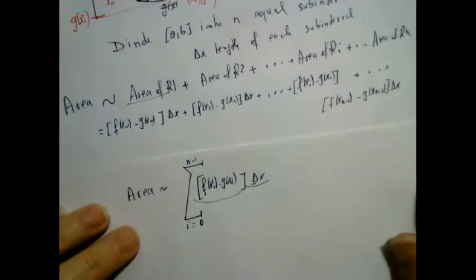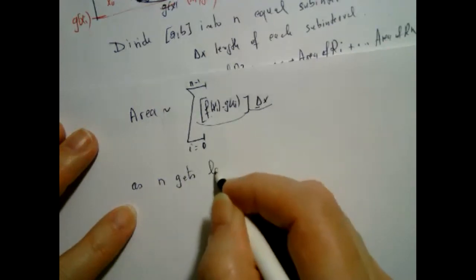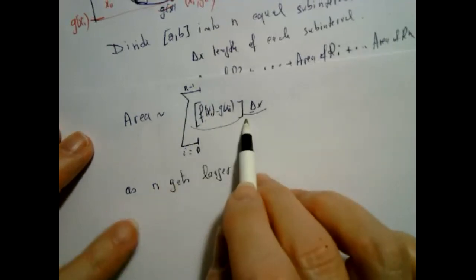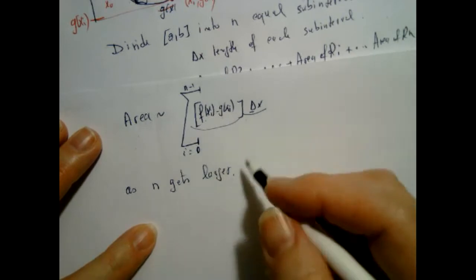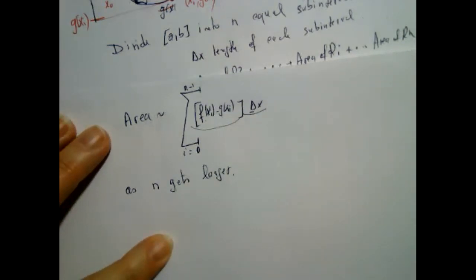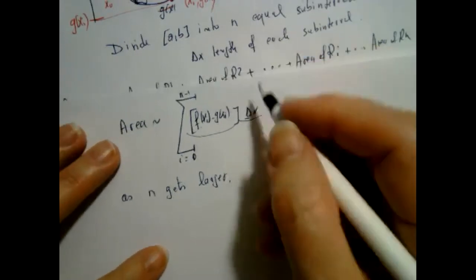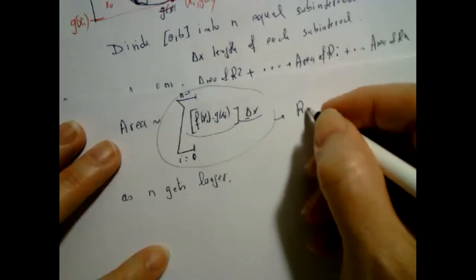All right, so that's an approximation. Now, the idea is as n gets larger, the sum of those areas becomes closer and closer to the actual area. So when n gets much larger, if you recall very well, this actually looks like a Riemann sum.